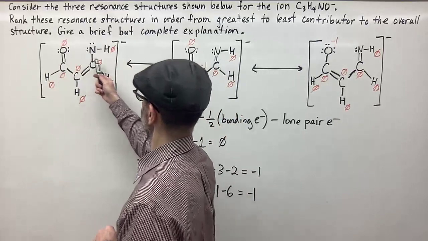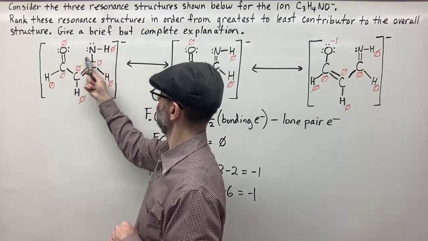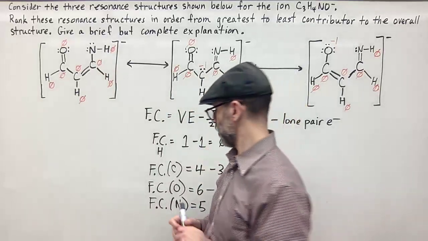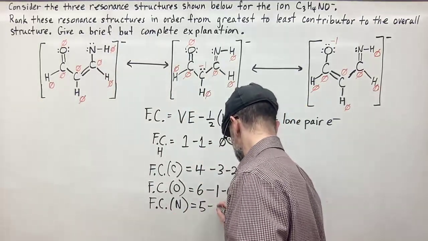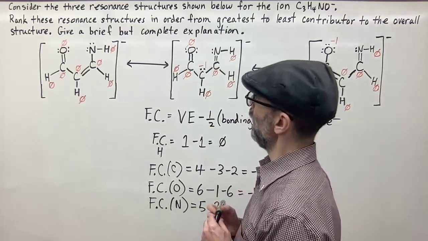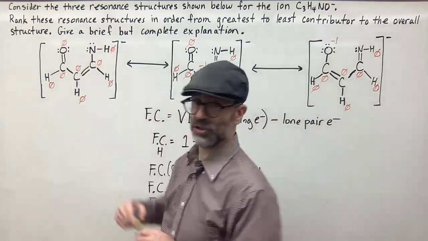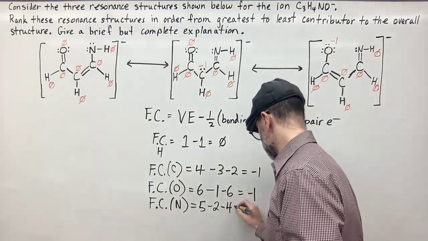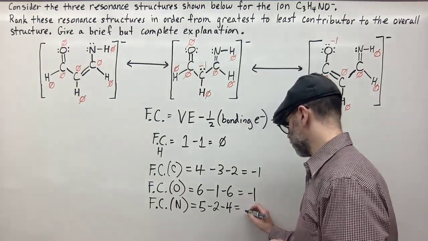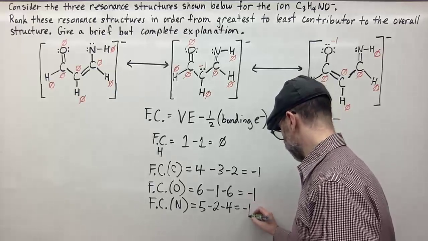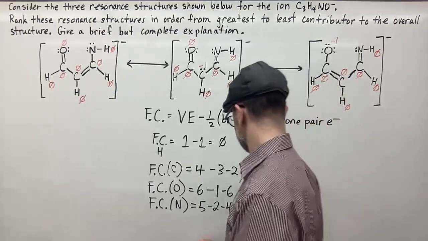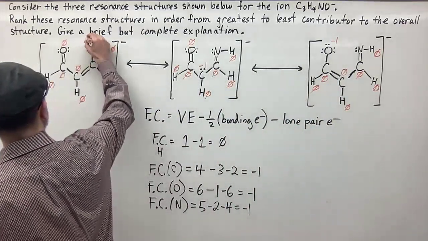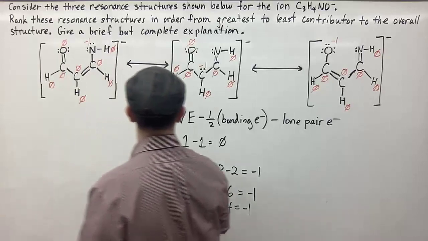And in this case, you'll notice it has 2 bonds around the nitrogen. So we're going to take away 2 electrons. And it has 2 lone pairs. So that's 4 electrons for the lone pairs, so we're going to subtract out 4. And that's going to be equal to a -1. So the formal charge for this nitrogen is a -1.